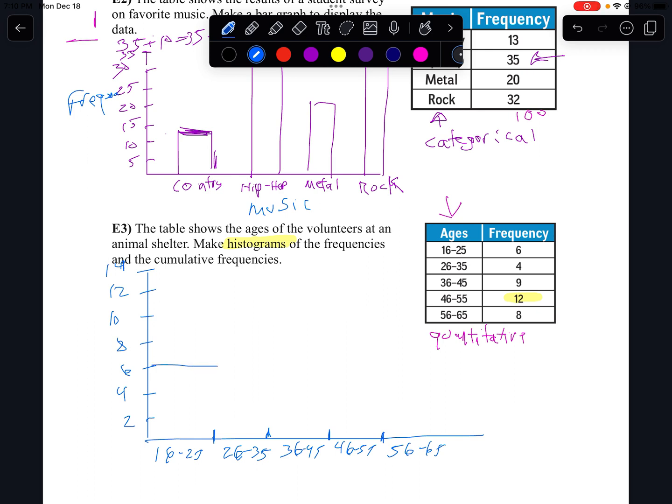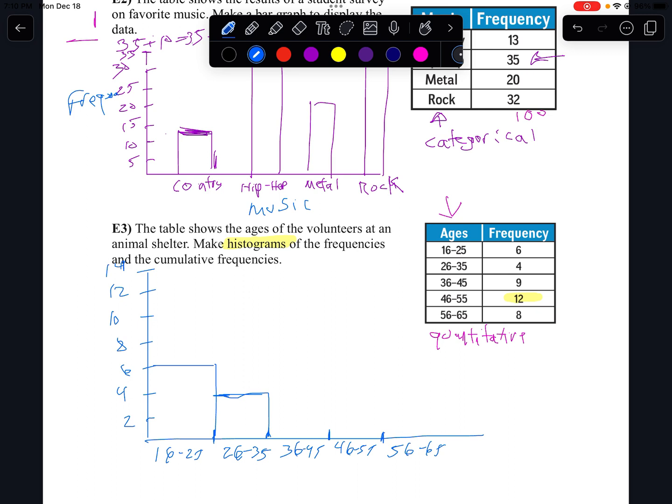Now 16 to 65 is going to be 6. So what I'm going to do is I'm going to make my bar graph to 6 there. Then 26 to 35 is going to be at 4. So I'll go across here to 4.